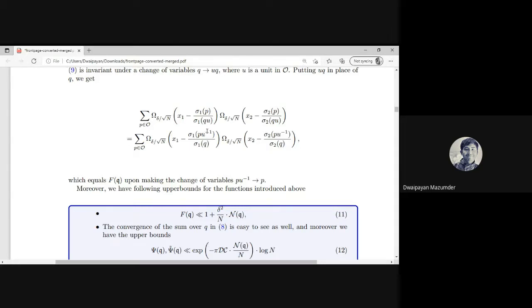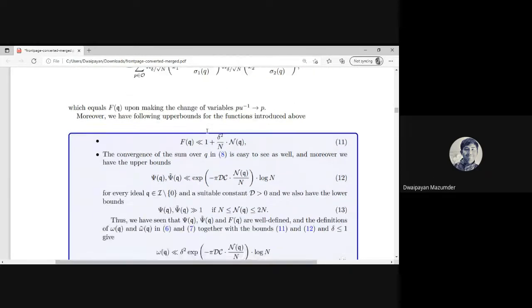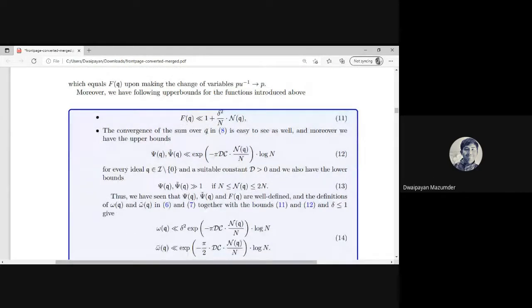So just do that, and again, as p goes over all the ring of integers, this f_q makes sense. Okay, these are well defined, and not only that, these particular functions have some bounds. That is, f_q is less than or equal to 1 plus delta square n by norm q.